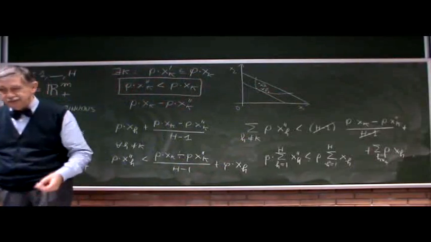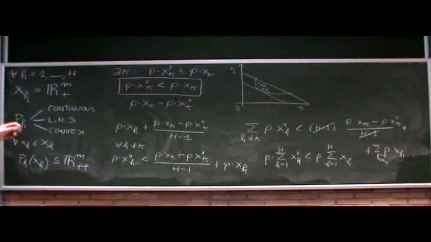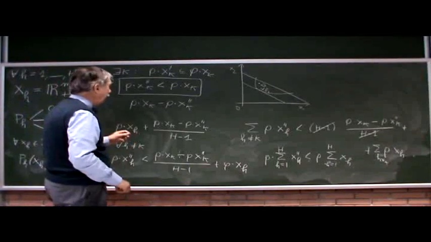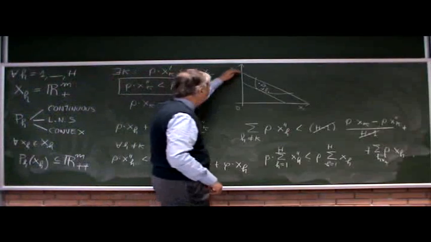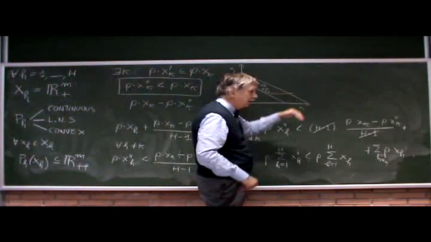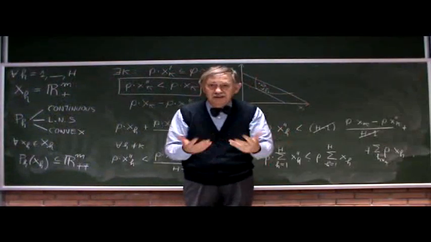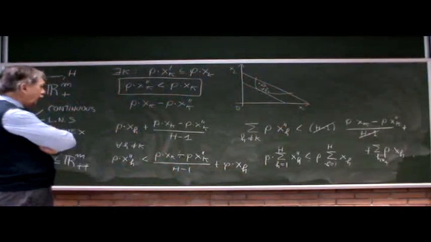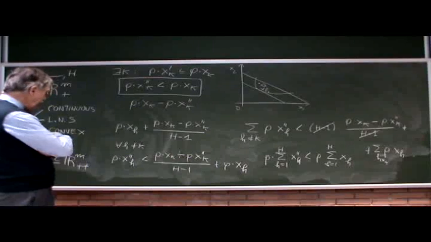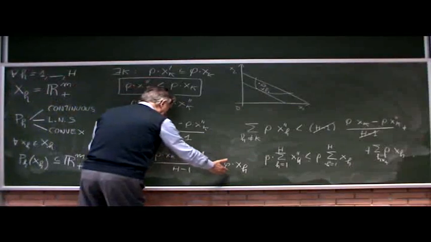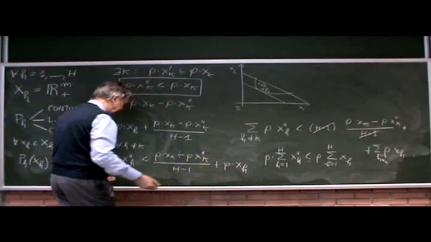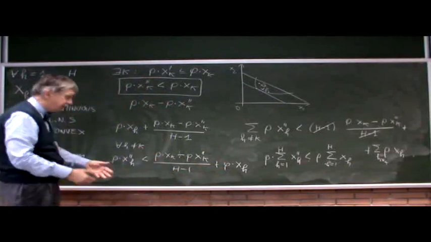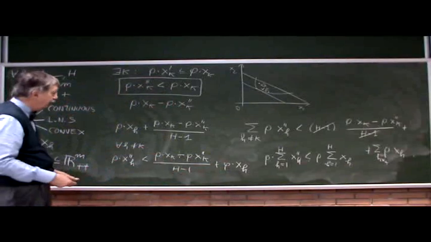In other terms, this point x double prime h, which is preferred to xh, is below the budget line, which is determined by the subsidy. Now we have these H minus 1 inequalities. Sum them side by side. This is a simple mathematical step.